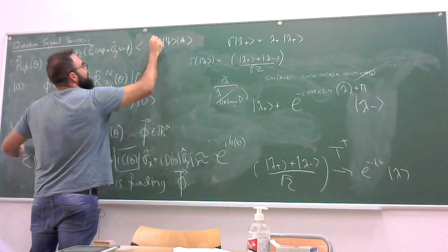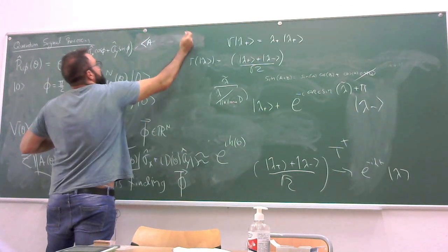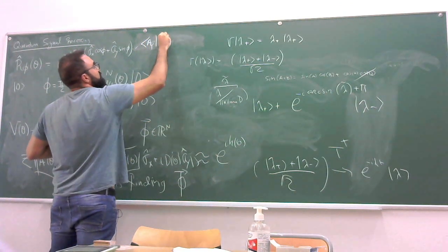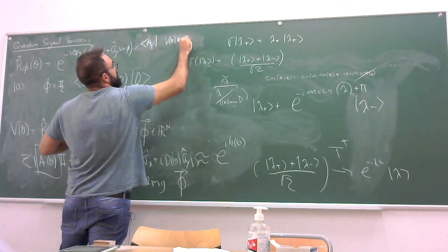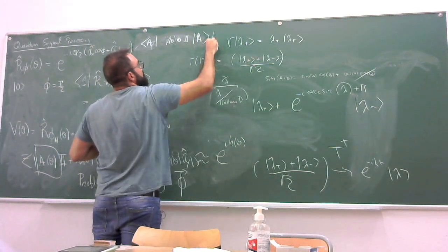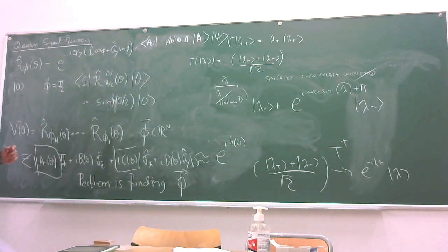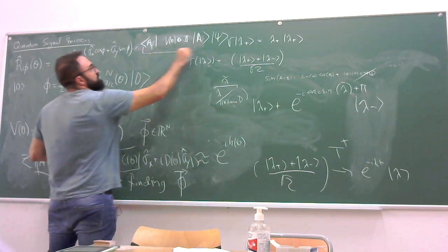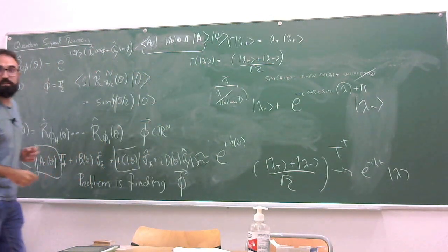This V of theta. So basically, let's say that we have the ancilla for projection, we have V theta, identity, and here we have the ancilla initial value, and here we have the target state. So this is what is going to modify the phase of this state.